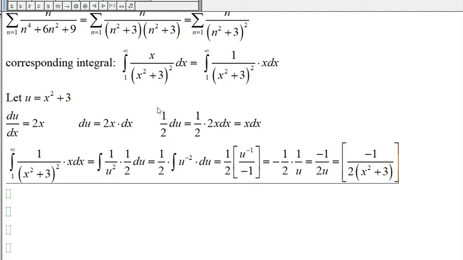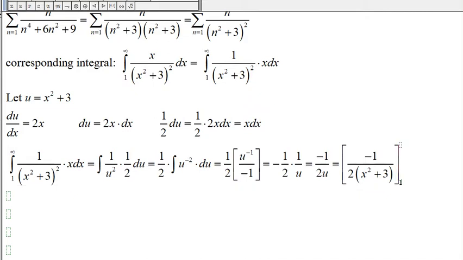And then we need to evaluate this from 1 to infinity.